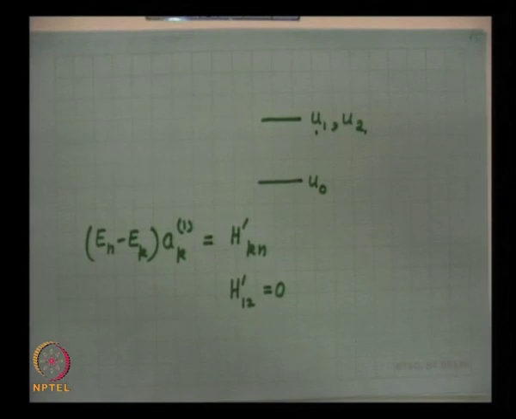That is, the representation should be such that the H prime in the subspace generated by the degenerate state vectors must be diagonal, and then only the diagonal elements will give the energy eigenvalues.